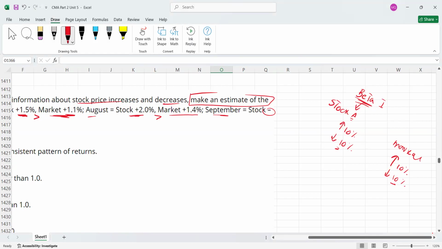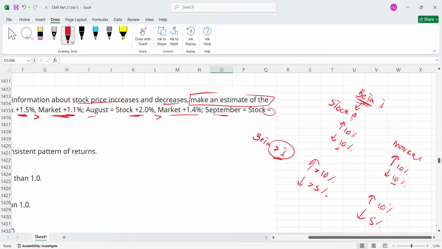What if beta is greater than 1? Greater than 1 could be 1.5, 1.3, 2.2, any value. So what will happen here? If the market goes up by 10%, this stock price will increase by more than 10%, because beta is greater than 1, and beta always tells us about the risk, right? And if the market goes down by 5%, this stock price will go down by greater than 5%.